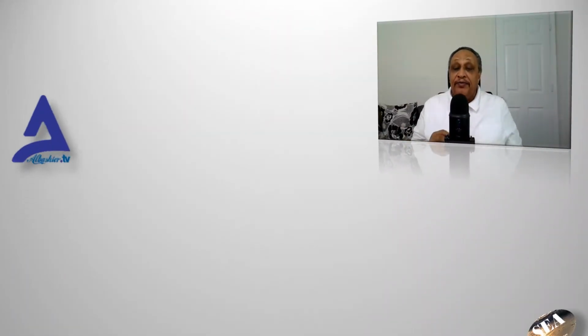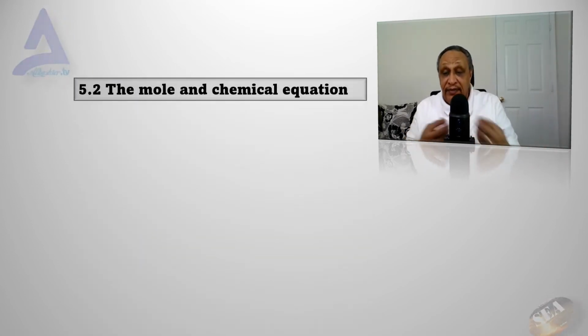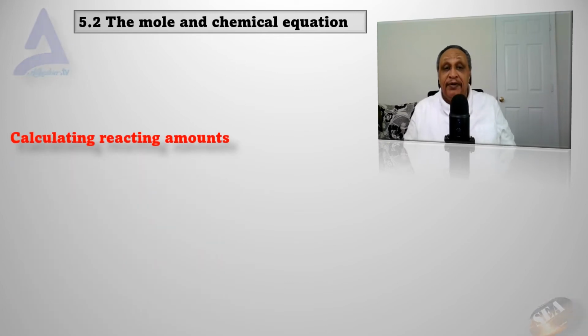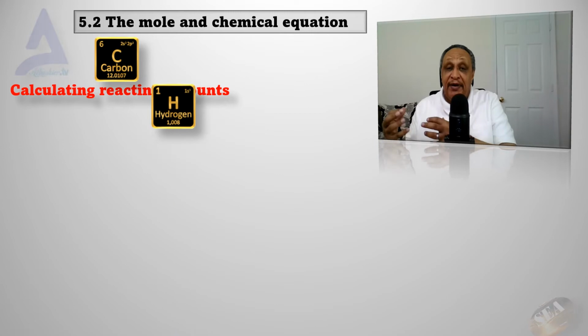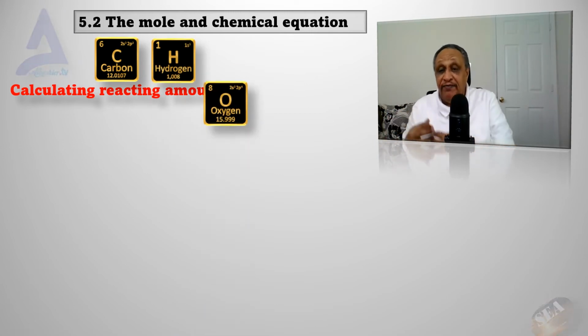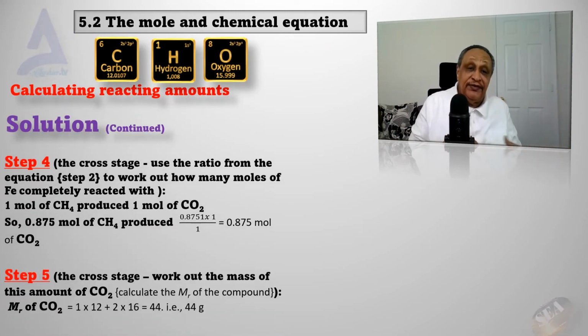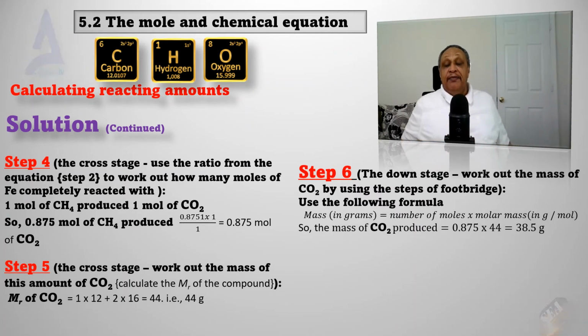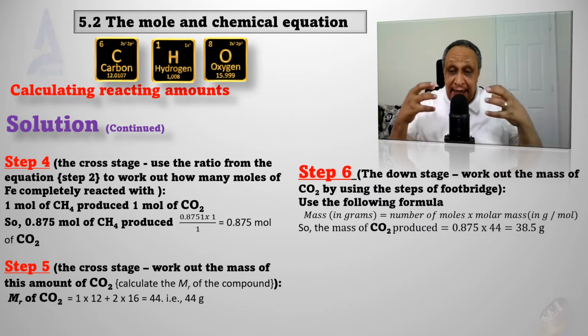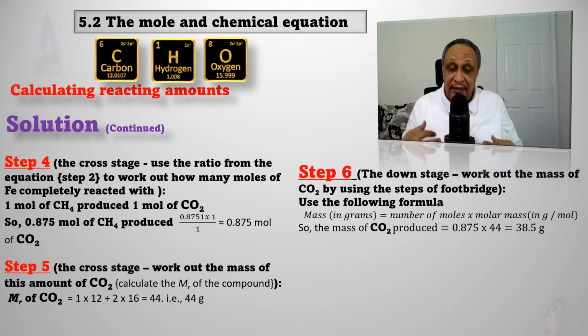Now, the object of the other 3 steps is to bring about the demand. What is the question of the problem? So I have the first 3 steps that bring about the number of moles of one of my compounds. The second 3 steps is going to bring me about the demand of the problem.